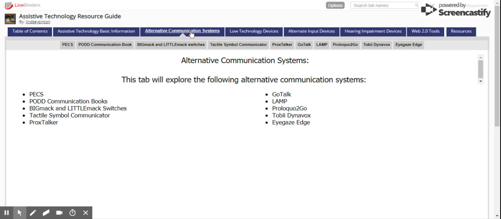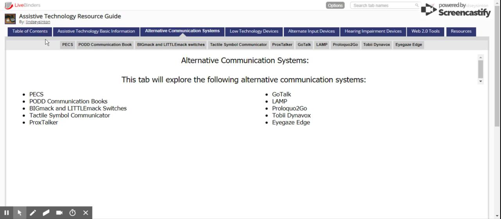So if I look at the alternate communication systems, I included a list of the different things I included, and then you can see I included my 10 devices below here as subtabs, and then I included things such as the pod communication book, the tactile symbol communicator, the Go Talk, Proloquo to Go, things like that.